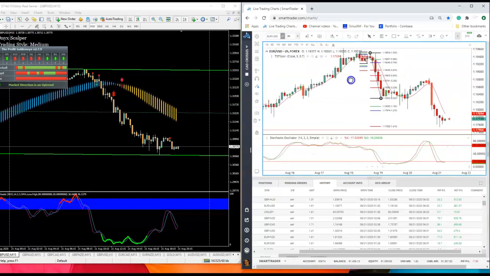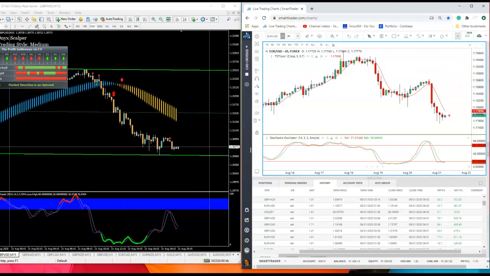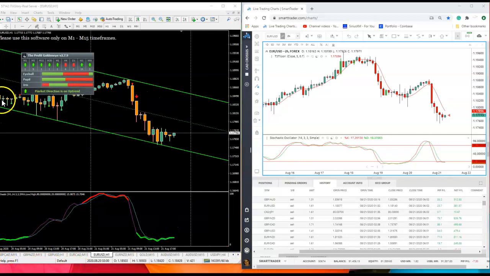Euro dollar, the same thing. And here's the opening of the European session, and I've got to find the euro dollar. Here's the euro dollar. Again, waiting for a break below the Tilson 3 trend line.